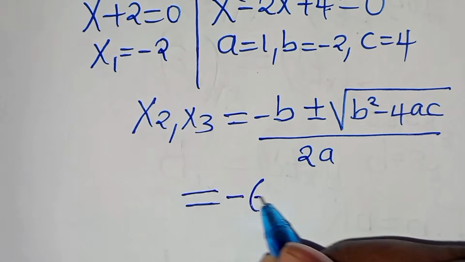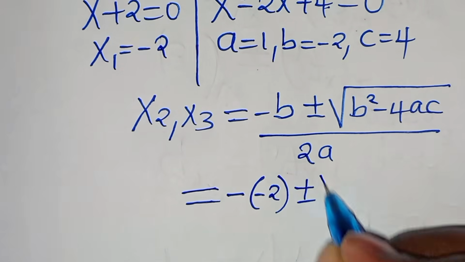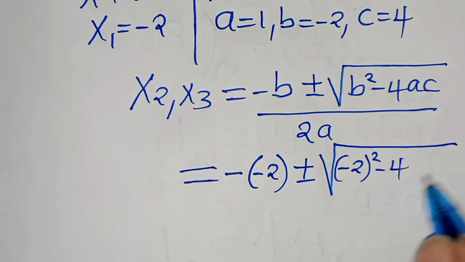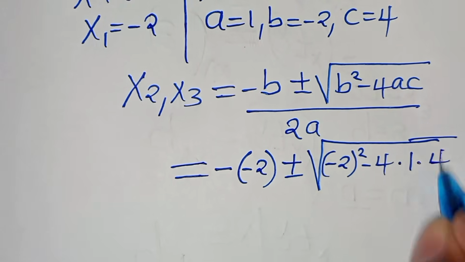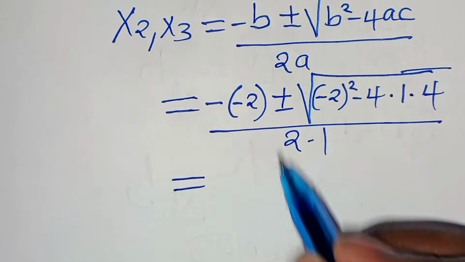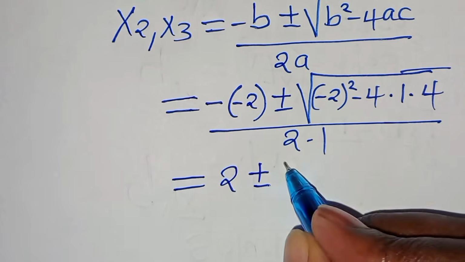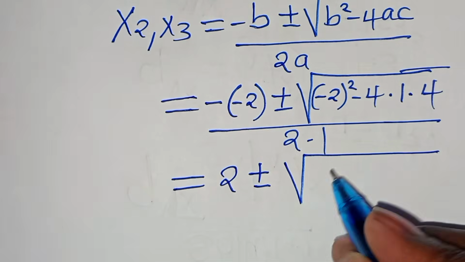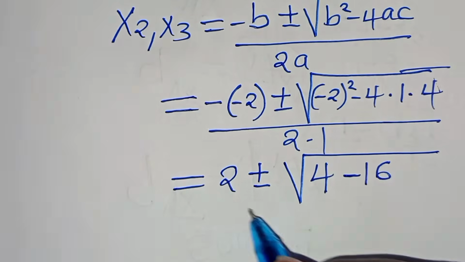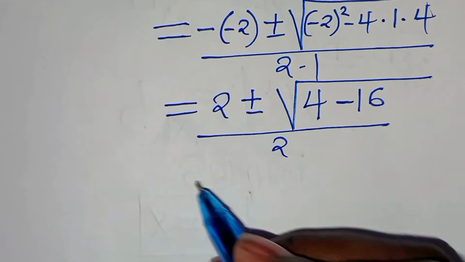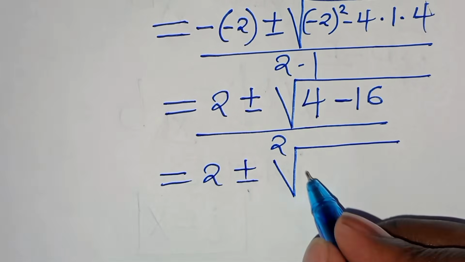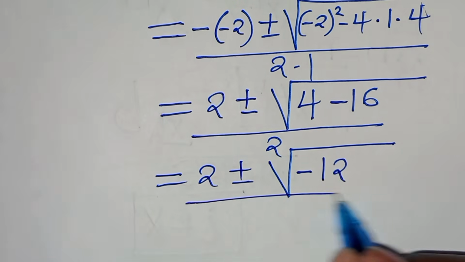We have minus negative 2, which is 2, plus or minus the square root of negative 2 to the power of 2, which is 4, minus 4 times 1 times 4, which is negative 16, divided by 2 times 1. So this is 2 plus or minus the square root of 4 minus 16, which is negative 12, divided by 2.